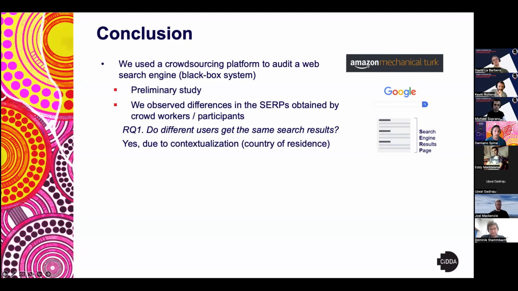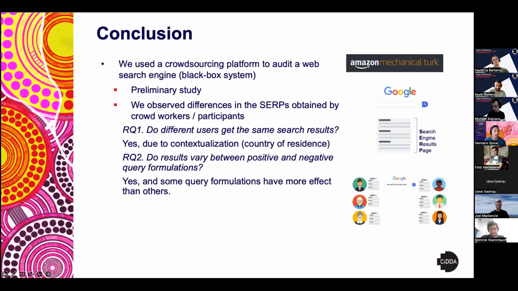In terms of different users, the main difference was due to contextualization, so country of residence, but not necessarily other demographics. In terms of whether the search results vary between positive and negative query formulations, surprisingly, yes, more than what we would have expected. But some formulations have more effect than others.